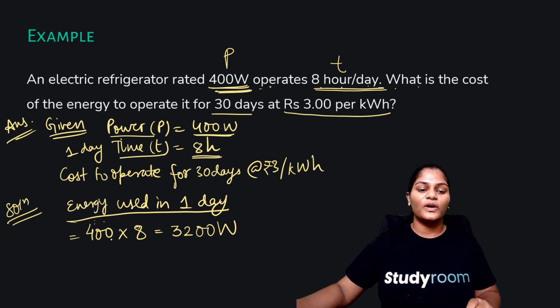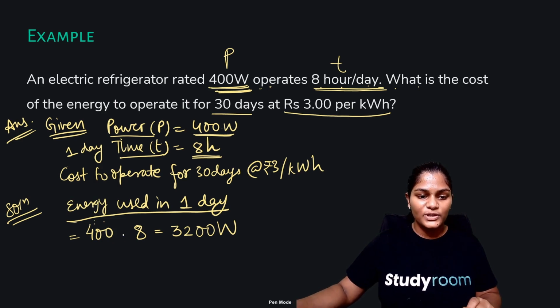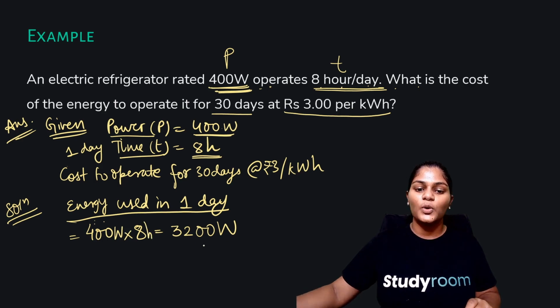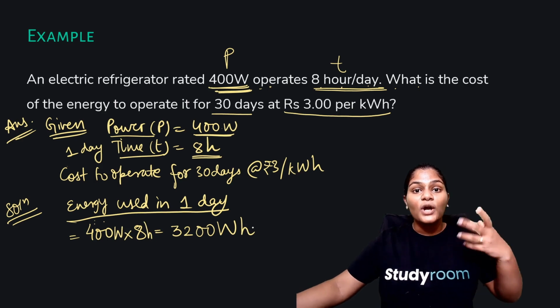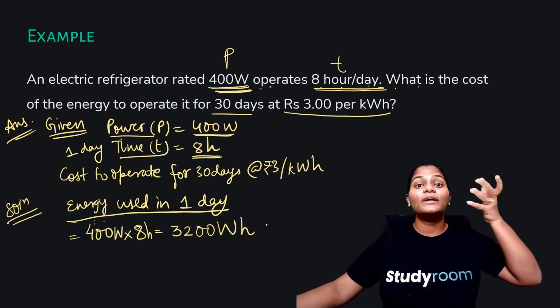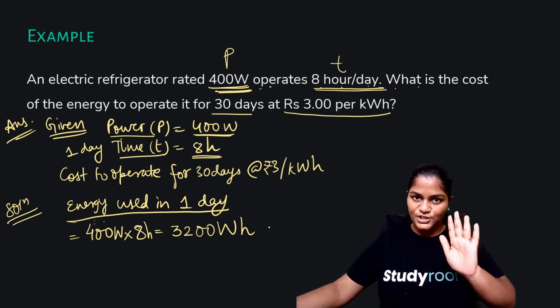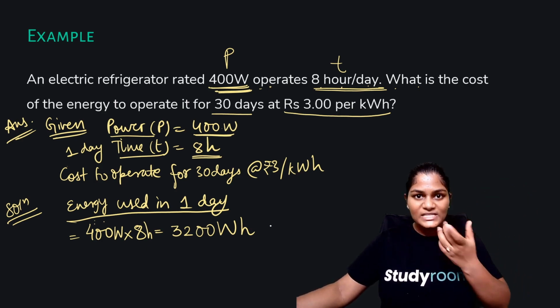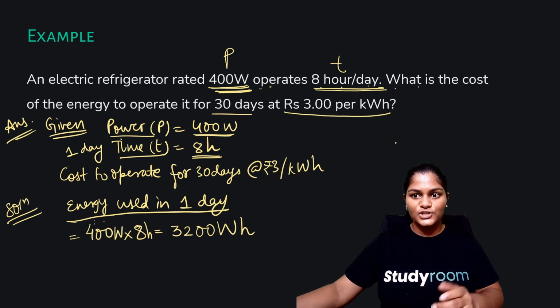This is the energy used in 1 day, which is why you should write the units also. So this is 400 watts times 8 hours, right? So what does this become? 3200 watt hours. And what was the unit for energy? It was nothing but watt hours or kilowatt hours. We'll change it to kilowatt hours, but the basic unit we have got right for energy, right?